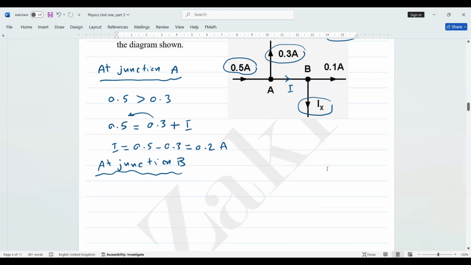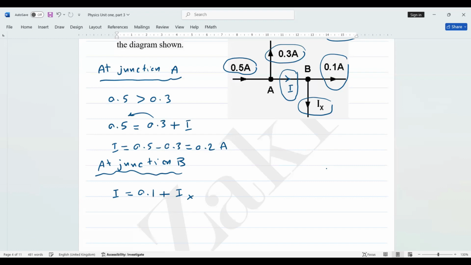At junction B, the current in is I, from the arrow we decided before. 0.1 ampere is out. Ix also is out. Then the sum of currents in is just I. The sum of currents out is 0.1 plus Ix.